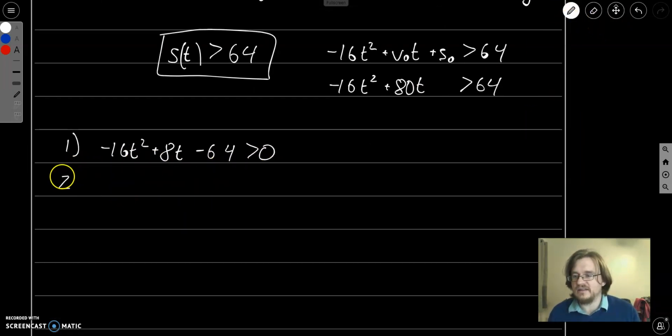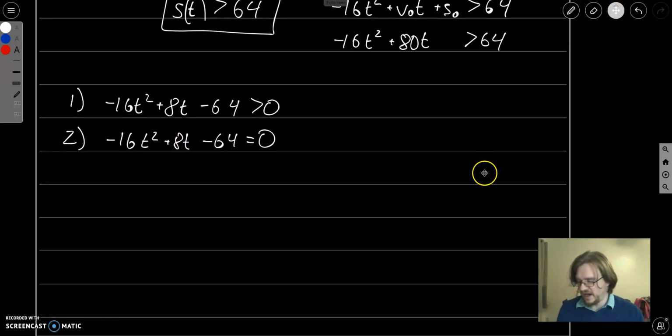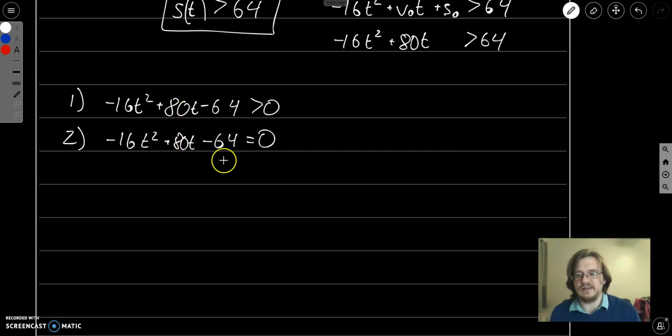We're trying to solve when is this equal to 0, and I went ahead, oops, this should be 80, I went ahead and did this off screen. So this is in fact going to be equal to negative 16 times x minus 1 times x minus 4.